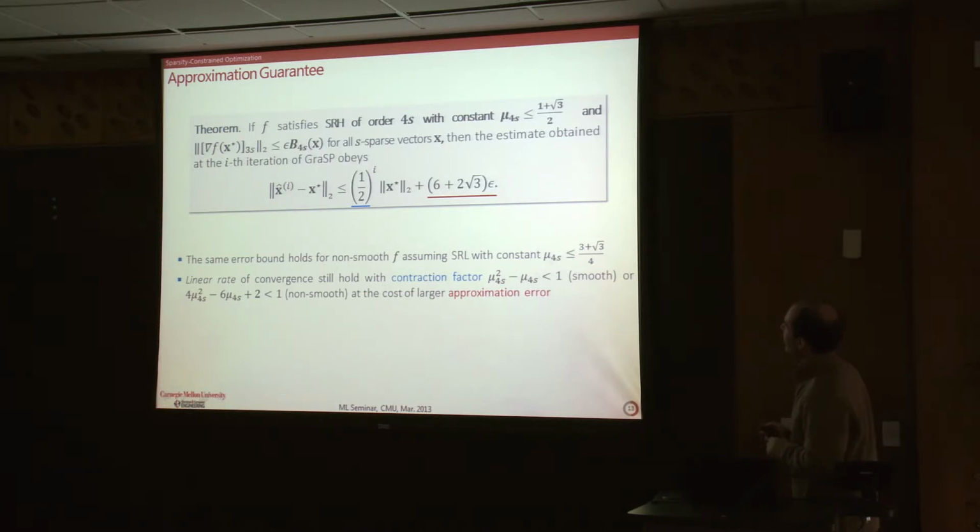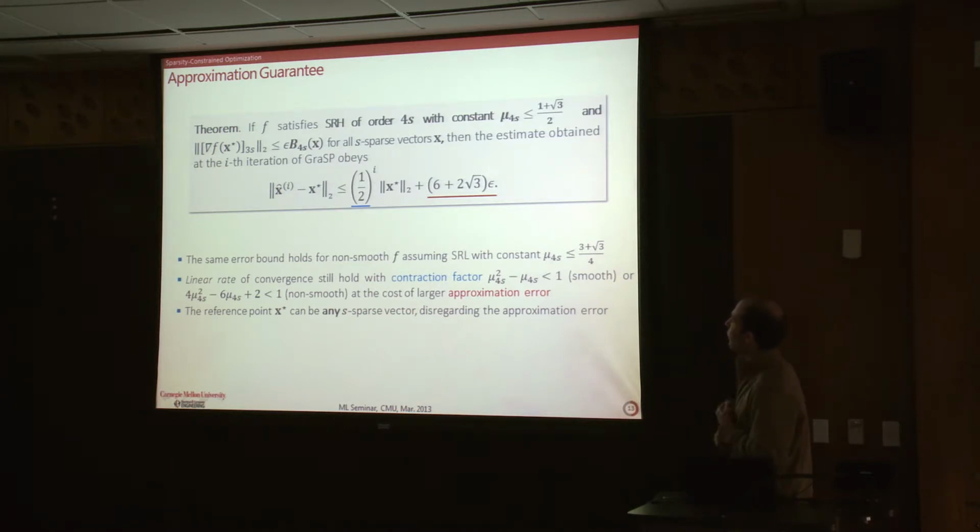You can relax this condition with these two inequalities, but that comes at the cost of a slower rate of convergence, a larger contraction factor, and a larger approximation error.